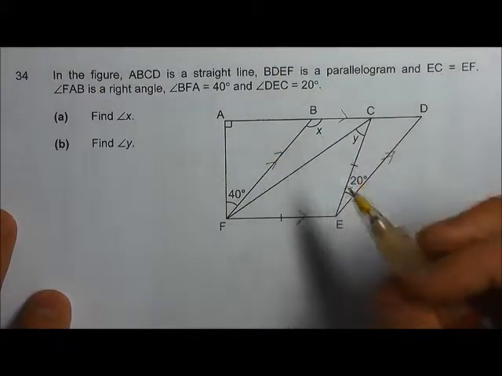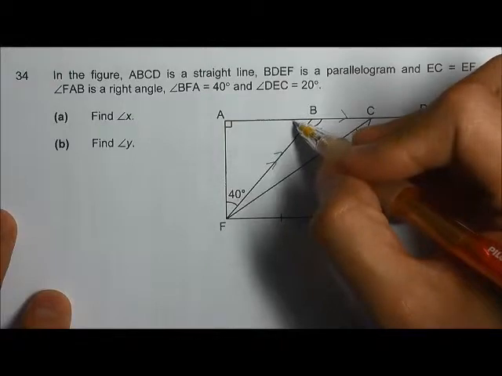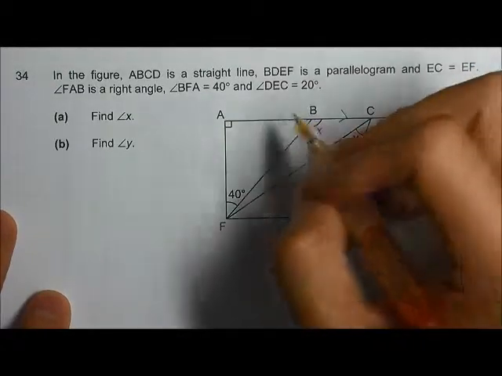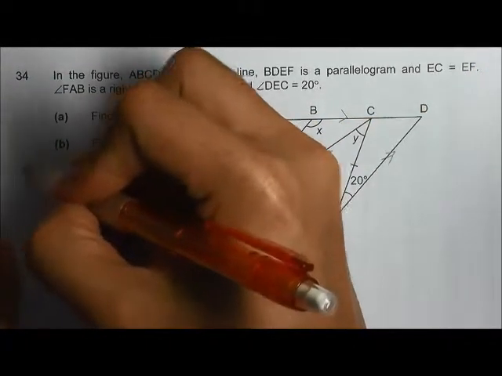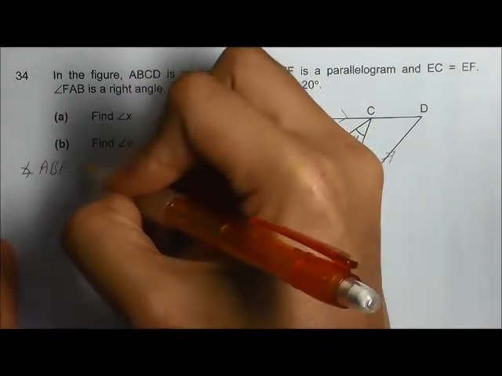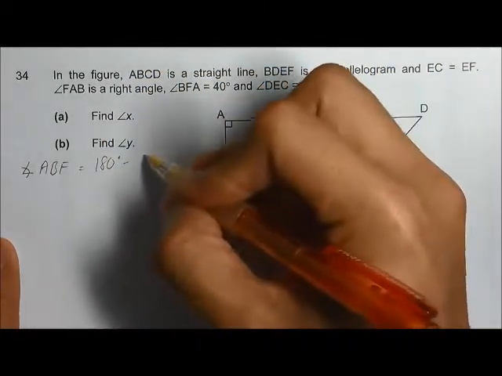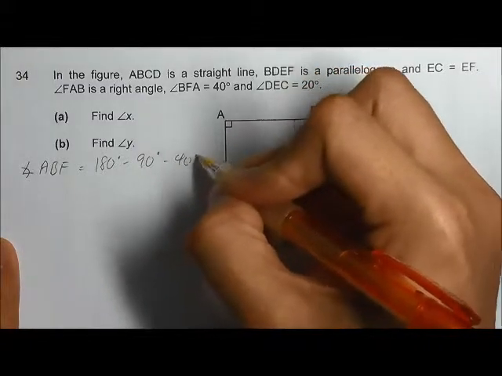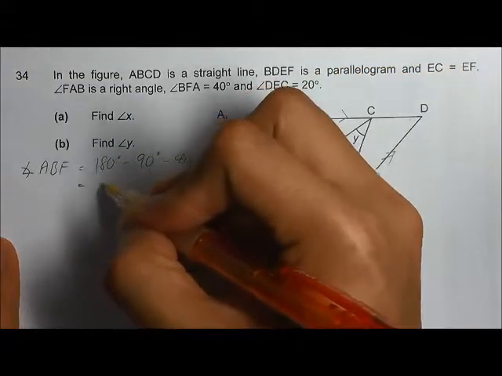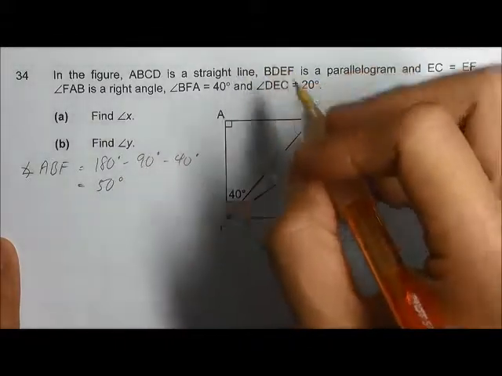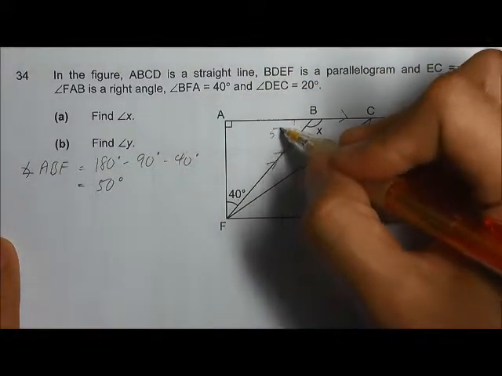So what we can do here is to find angle ABF first. So angle ABF is equal to 180 degrees minus 90 minus 40. That will give us 50 degrees. Okay, so this angle is 50 degrees.